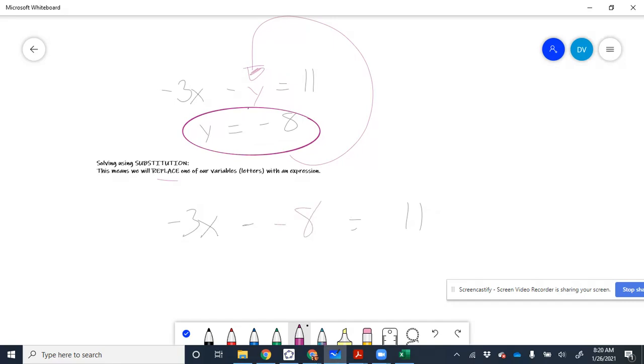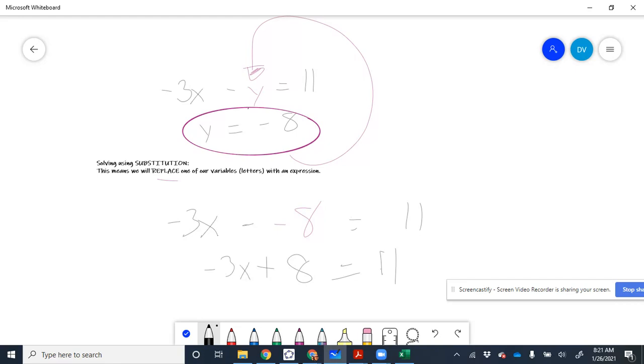I'm going to use another word besides negative, and that's the word opposite. The opposite of -8 is +8. Another way to think of it is we take this black and this purple and put them together and make a plus symbol. So it would be +8, and that's 11, and that's -3x.